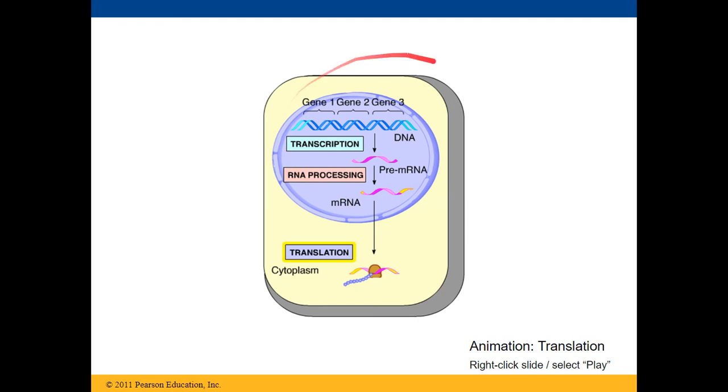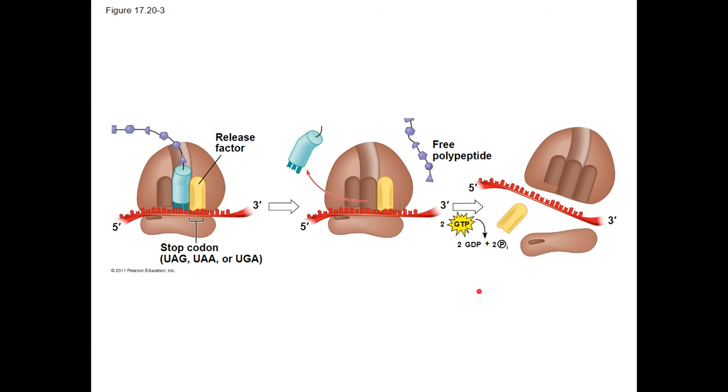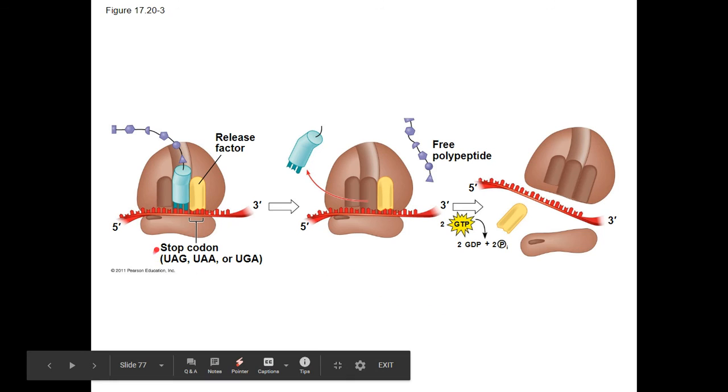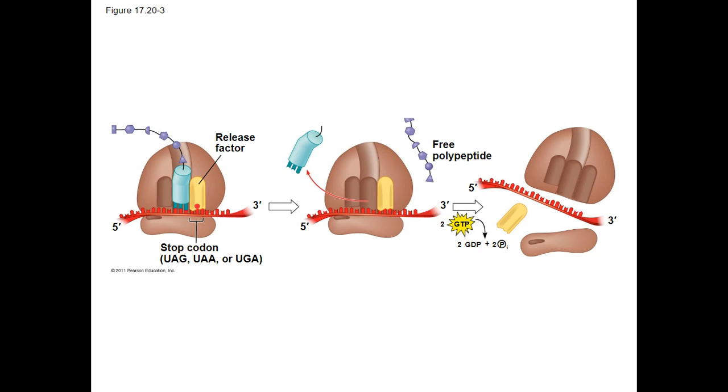So we're not going to really worry about single-celled organisms, but looking at eukaryotic cells, we've come to a stop codon here. It adds the release factor, which adds a water that stays in the A site. We lose our tRNA, and our free polypeptide is free to go.